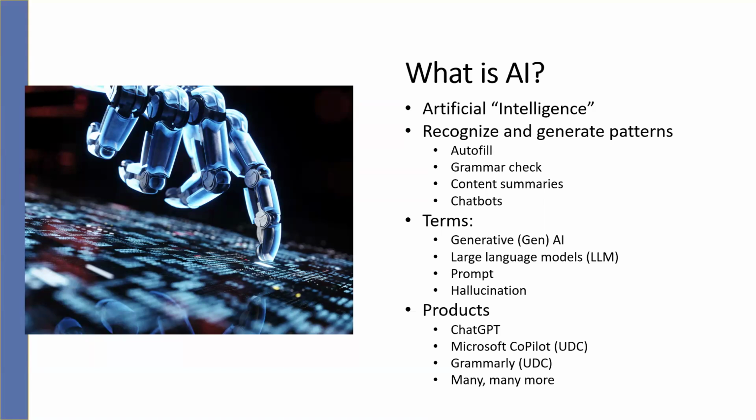So there are many different types of AI tools. Probably the most famous one that people have heard of is called ChatGPT. Here at UDC, there are a couple tools that the university subscribes to, specifically Microsoft Copilot and Grammarly. But there are many others. We do have a LibGuide that summarizes multiple different tools and what they're used for.